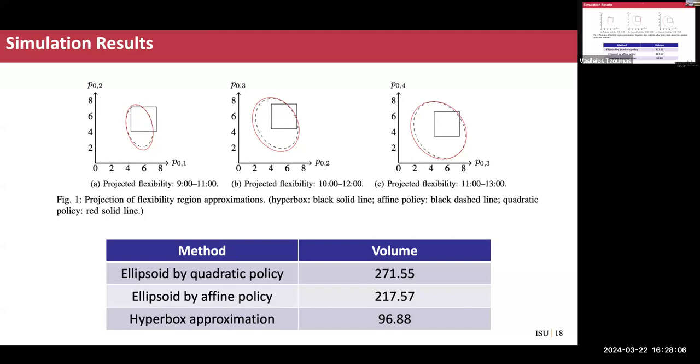Yeah, I'm not sure of the asymptotic behavior of this when you take the number of stages to infinity. I would assume you will still have some finite flexibility region in that case, but I think it does shrink the flexibility region to some extent, because the flexibility you require in later stages will limit your flexibility in earlier stages.